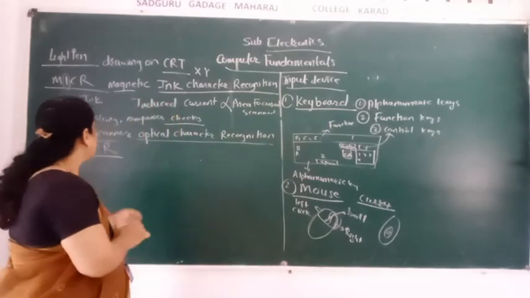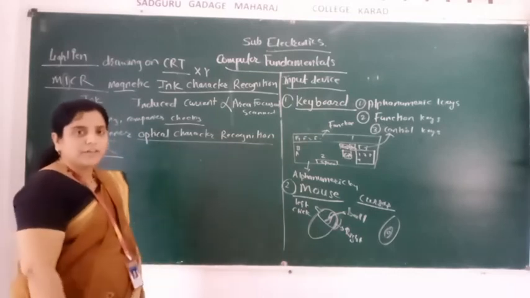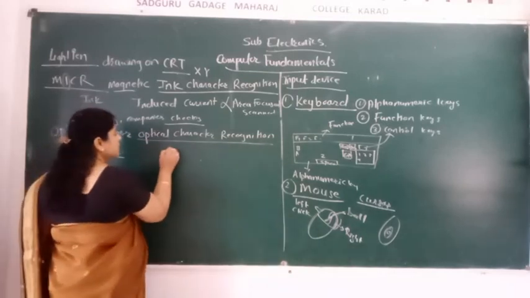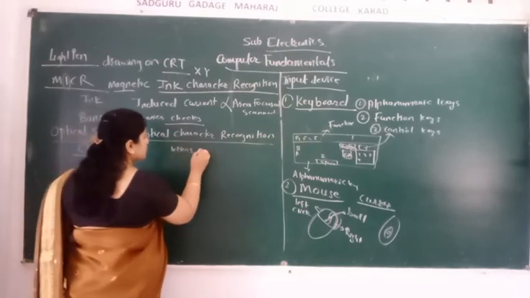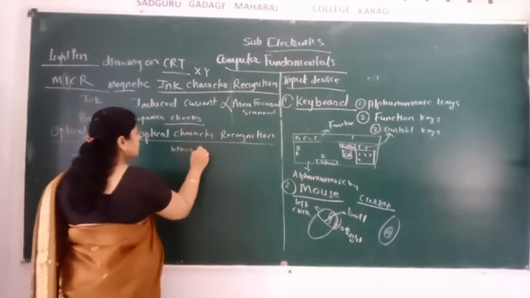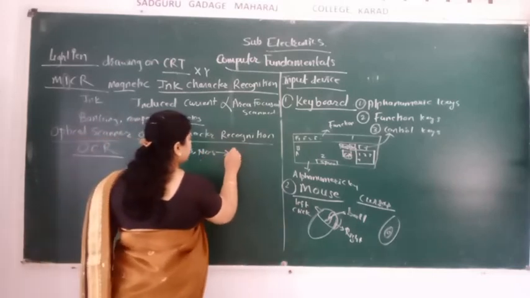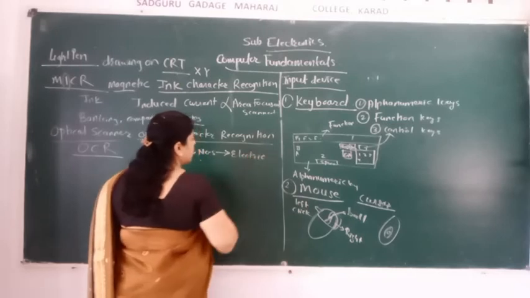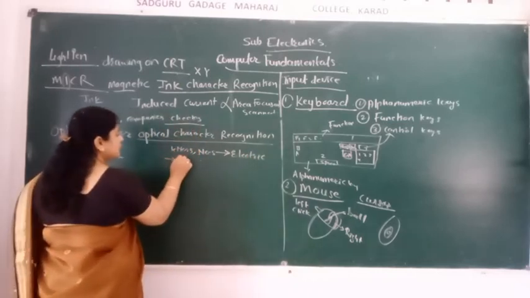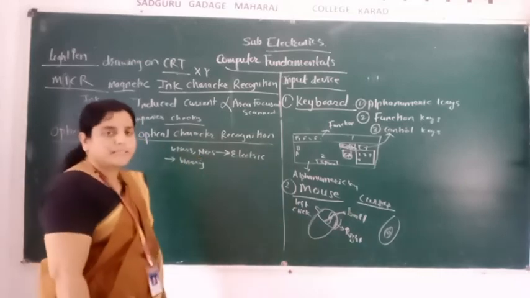What happens in this OCR? It converts the light information, for example letters and numbers, into an electrical signal, and that electrical signal is converted into the binary language that the computer knows, and it is given to the computer.